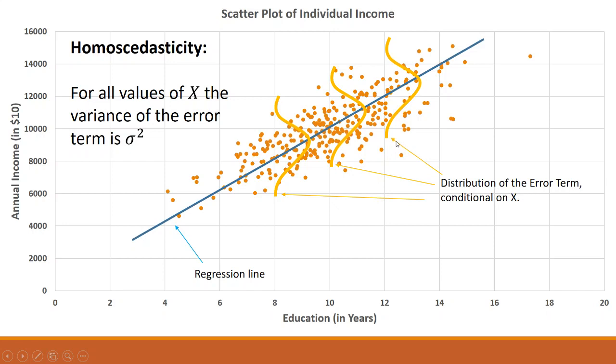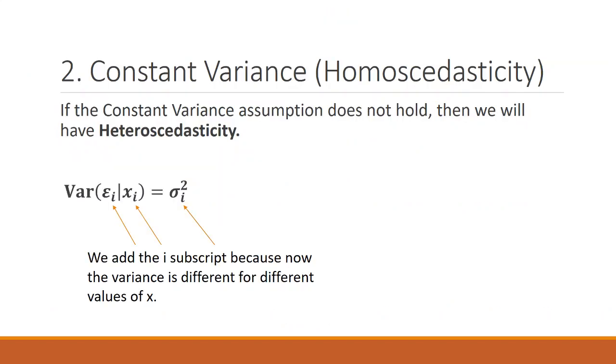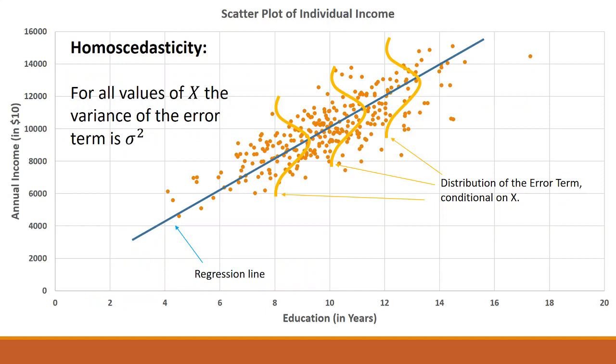So the distribution of the error terms conditional on x doesn't matter what x is. It doesn't matter how many years of education you have. There's the same amount of variation in the error term at all the different levels of education. That would be homoscedasticity.